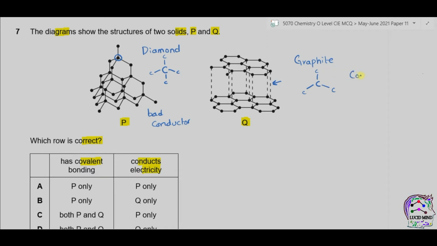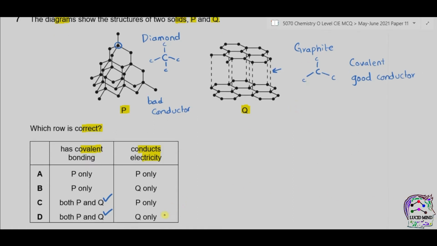So we have covalent bonds, and as one carbon is making 3 bonds, we have 1 electron left which is not involved in bonding, so therefore it is a good conductor of current. So in both P and Q we have covalent bonding and the conductor is only Q. Correct answer is therefore part D.